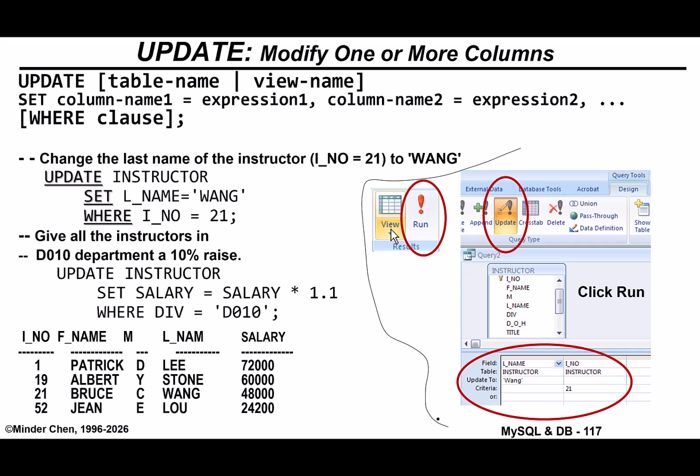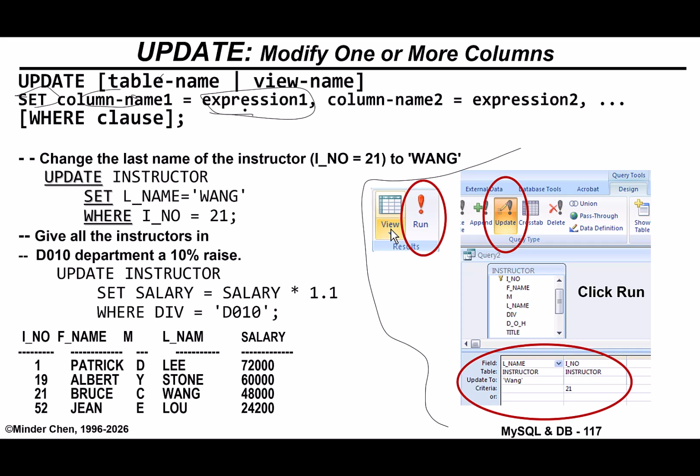Here, let's look at the syntax. You can update a table or view. We're going to focus on updating a physical table, or base table. You can set certain columns to a new value, which could be just a string, a number, an expression. After evaluation, it will end up being a number or a string.